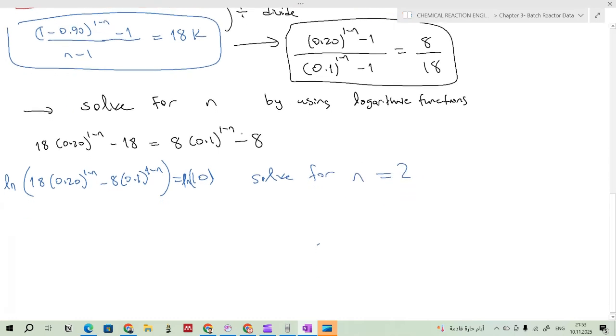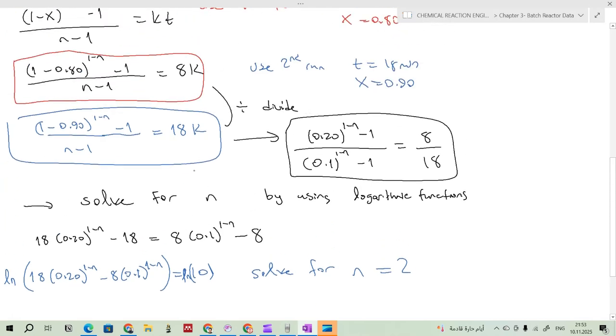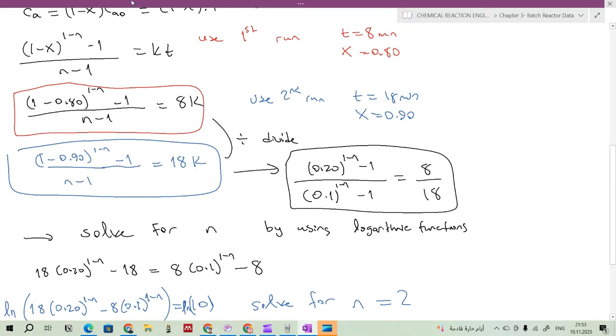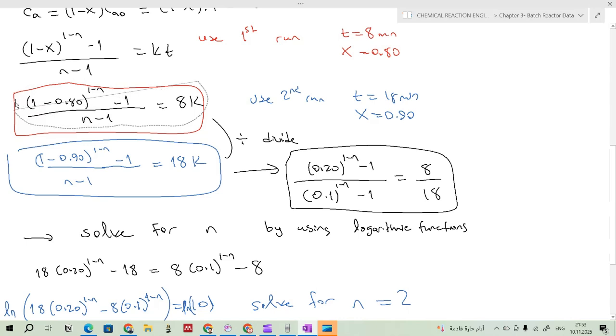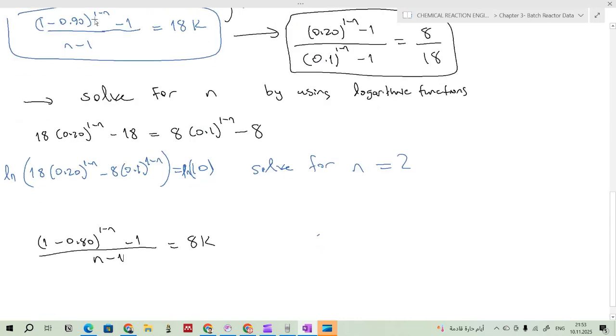Okay, so the reaction is a second order reaction. And when we solve for n, we can go to any one of the equations that we derived, and we solve for the other unknown, which is k. Since we know n, we can now solve for k. So k is equal to 1 minus 0.8 to the power 1 minus 2 over 2 minus 1.